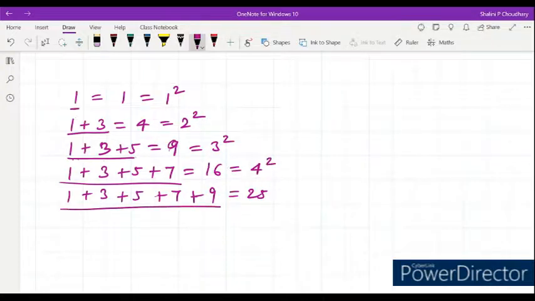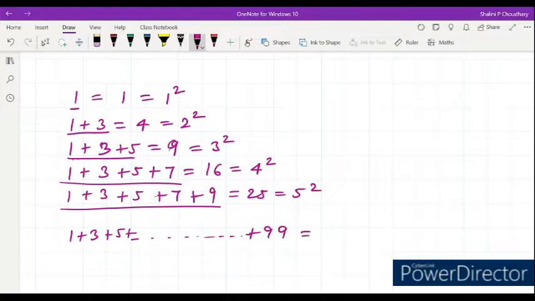First 5 consecutive odd numbers, score of 5. So if someone is saying 1 plus 3 plus 5 dot dot dot till 99, what will be the value of that? See, in 100, there will be 50 even numbers and 50 odd numbers. So from 1 to 99, there will be 50 odd numbers, right? So score of 50 will be equal to 2500.